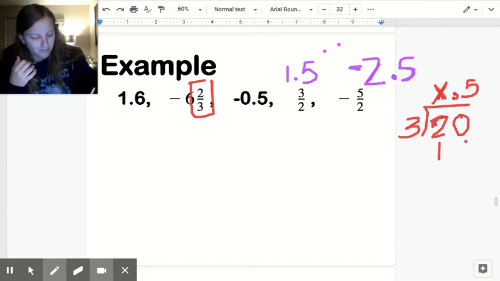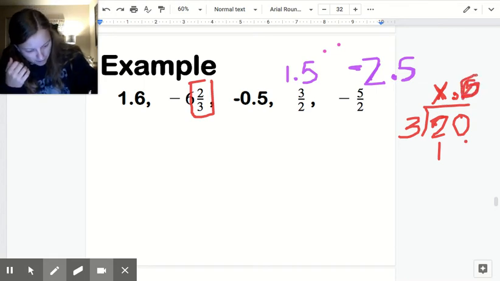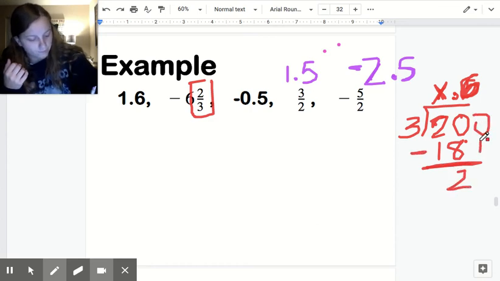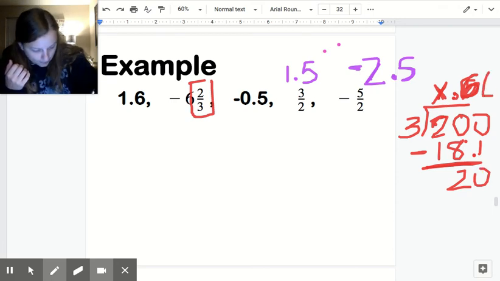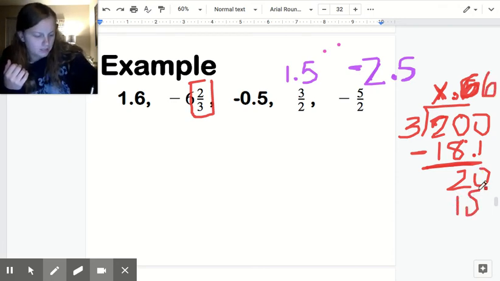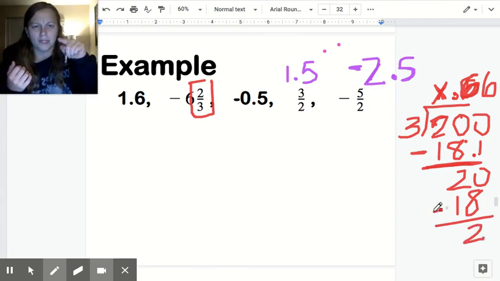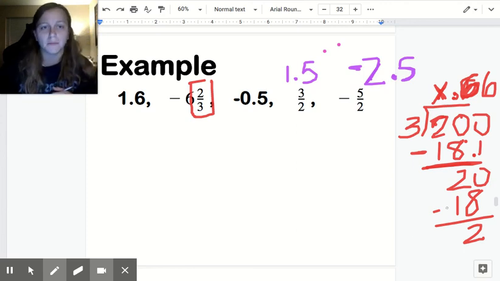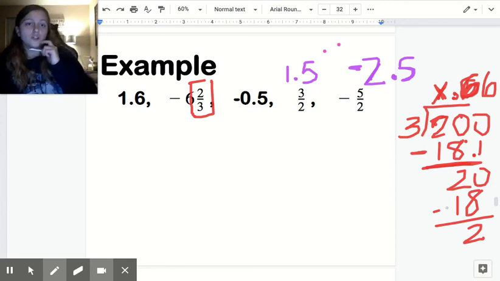That's 6 times, which is 18, with 2 left over. So I add a 0 and I bring it down. 3 fits into 20 6 times, which is 18. So I have 2 left over. So I'd add a 0 and bring it down, which is 6 times, add a 0, bring it down. I'm going to keep getting that.